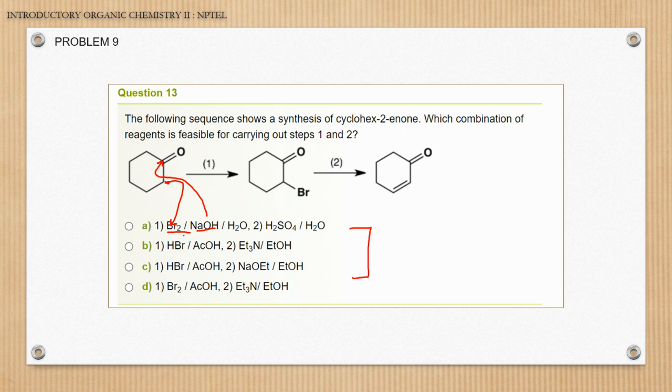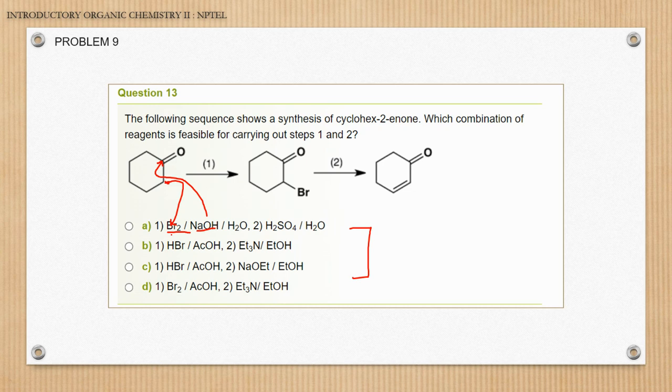So this is not a very good condition for alpha bromination. The bromination of these kinds of compounds is favorable in acidic condition rather than basic condition, because of the generation of multiple side products along with your product.